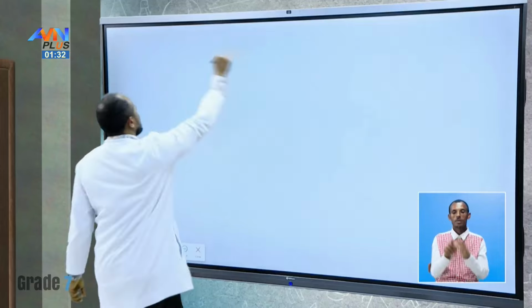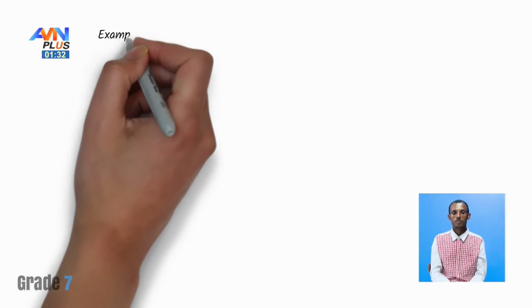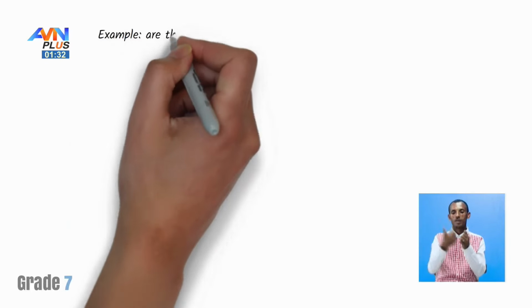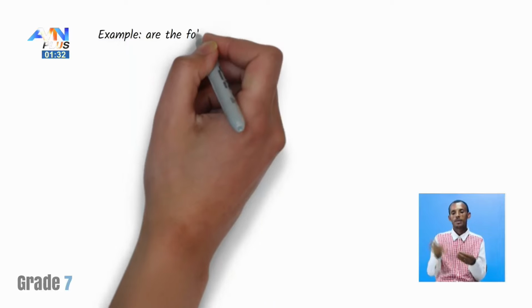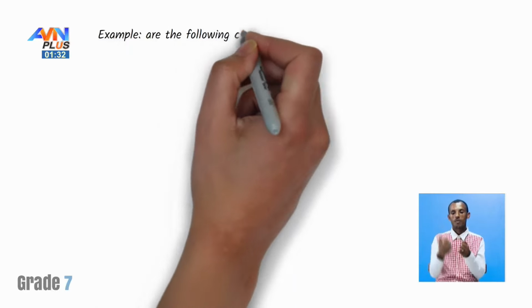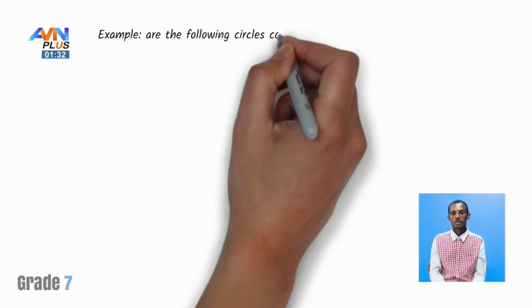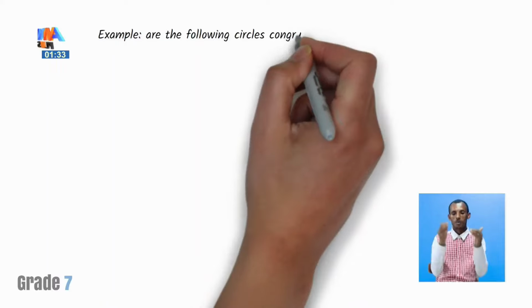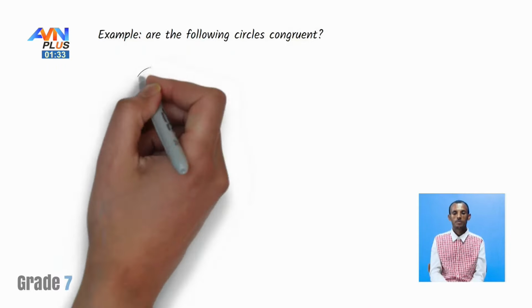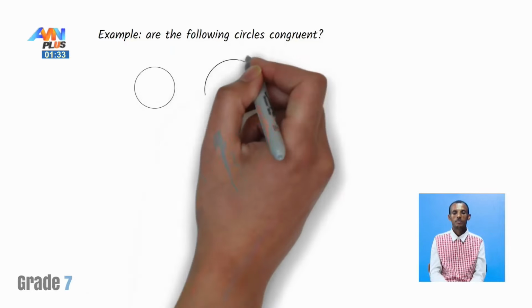Example 3. Are the following circles congruent, this circle and this circle?